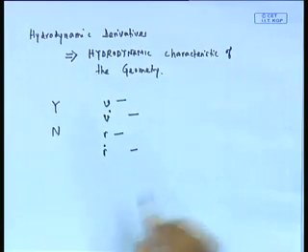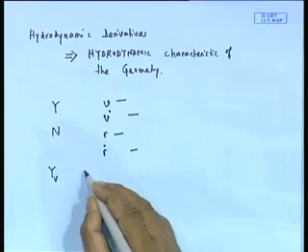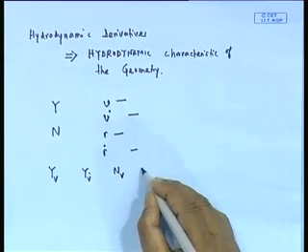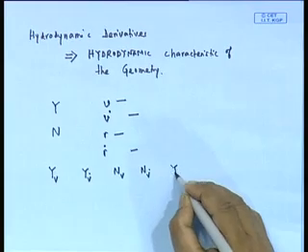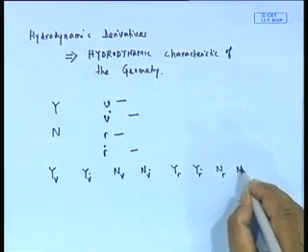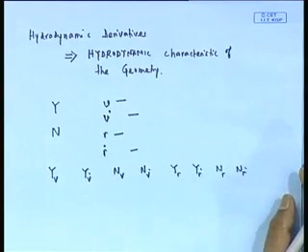So, I have got Y V dot, N V dot, Y R dot, N R dot. These are the 8 linear derivatives that we had.